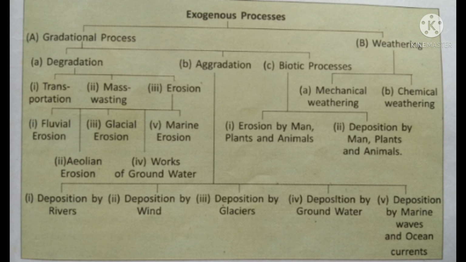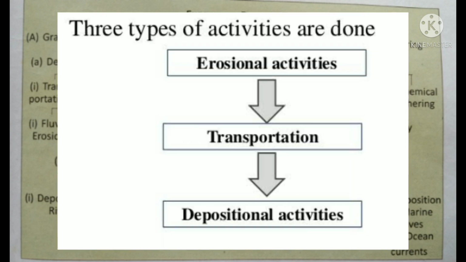For example, fluvial erosion is basically active in tropical or humid climatic conditions. Aeolian erosion is basically active in hot, semi-desert or desert climatic conditions. Glacial erosion is in high altitude or cold regions, or you can say the tundra climatic region; in that region glacial erosion is active.